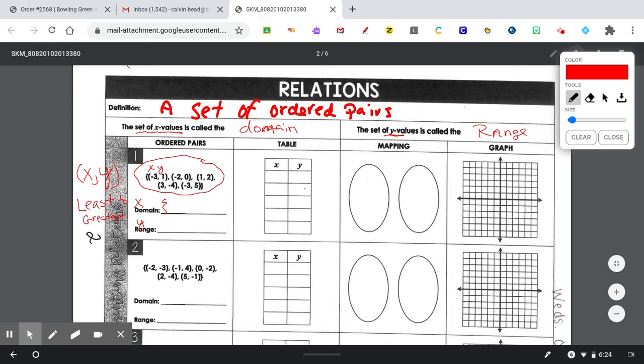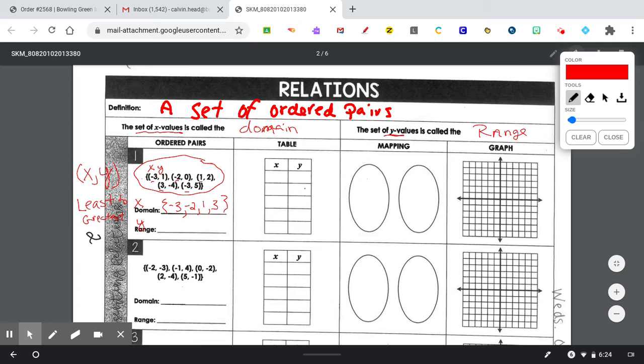We don't repeat numbers. So let's look at all the X's in these ordered pairs: negative 3, negative 2, 1, positive 3, and then negative 3 again. We don't have to list it twice. So then we just put our braces around it. If it's a repeating number, you only list it once.